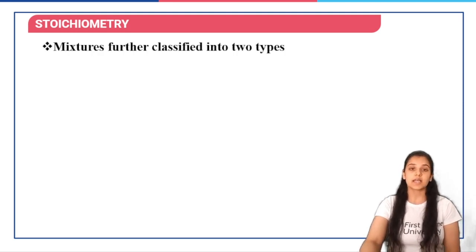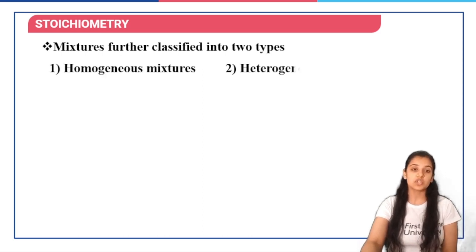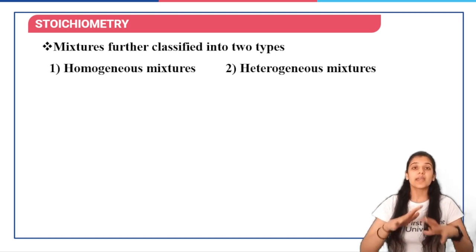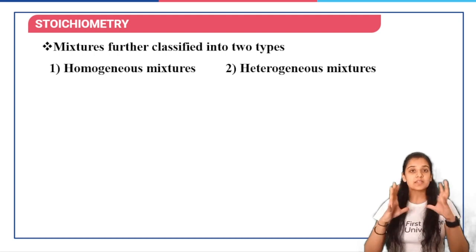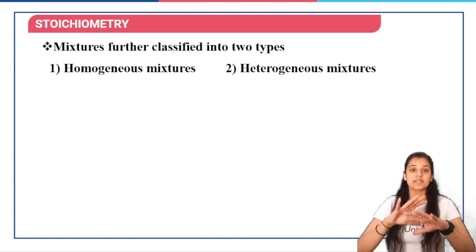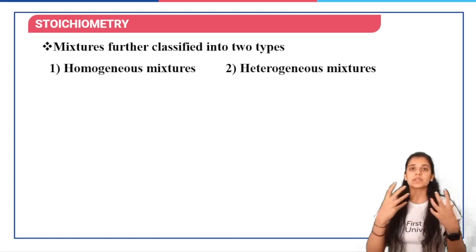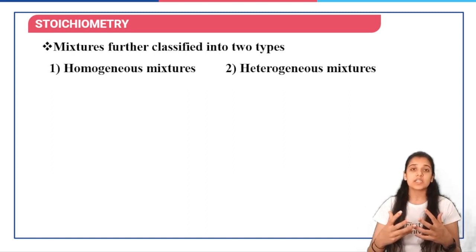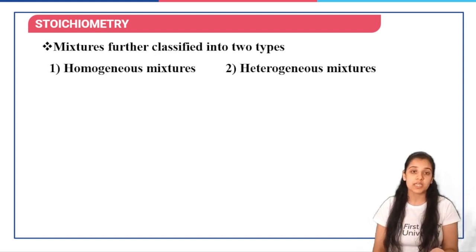Coming back to mixtures, mixtures are further classified into two types, homogeneous mixtures and heterogeneous mixtures. As is clear from the name, homogeneous means everything is present in one phase. Everything gets miscible with each other, or mixed with each other, in a way that we cannot visually differentiate how many components are present.